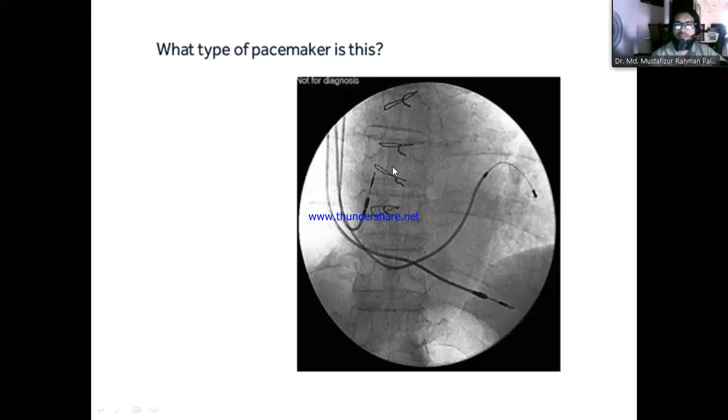So this is the triple chamber, triple lead pacemaker: one lead in the right atrium, one in the right ventricle, and another in the left ventricle through the coronary sinus. This is the CRT pacemaker.